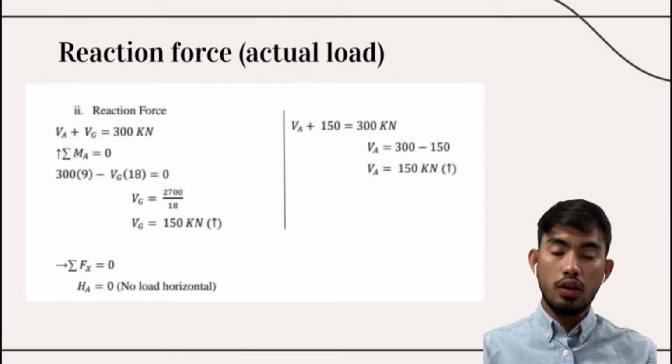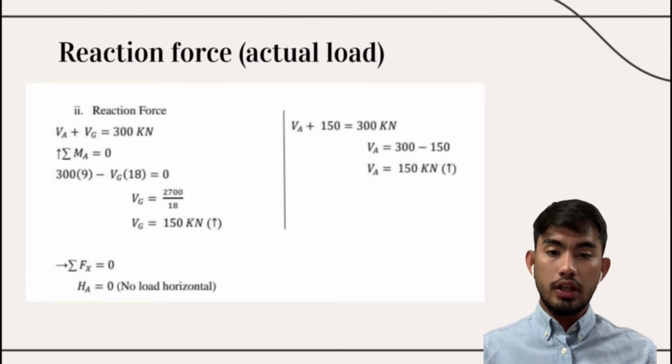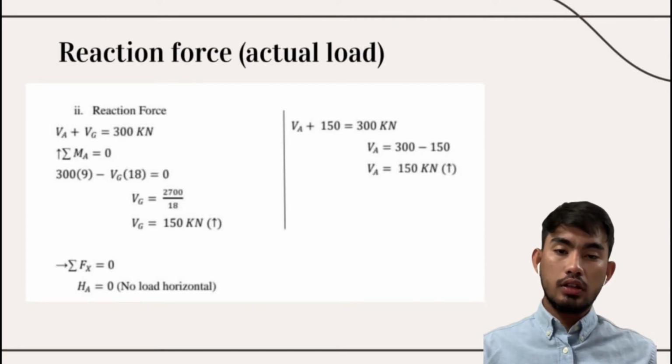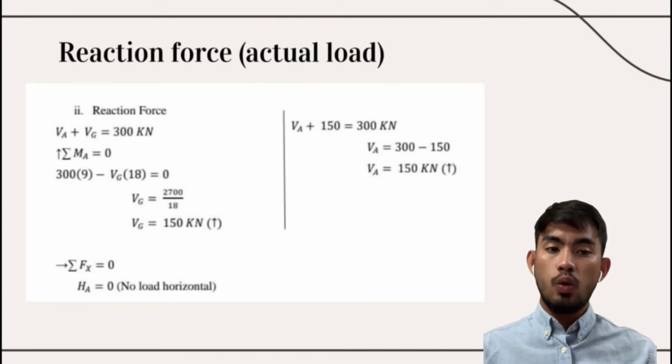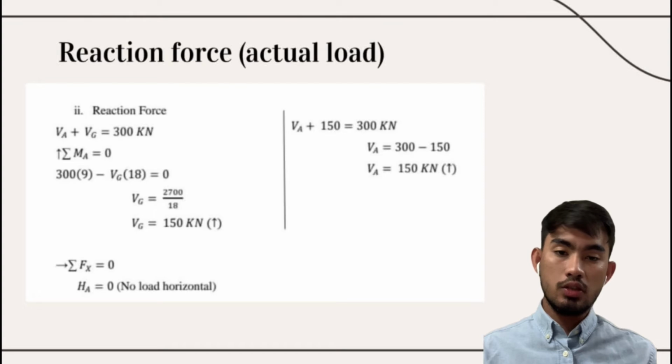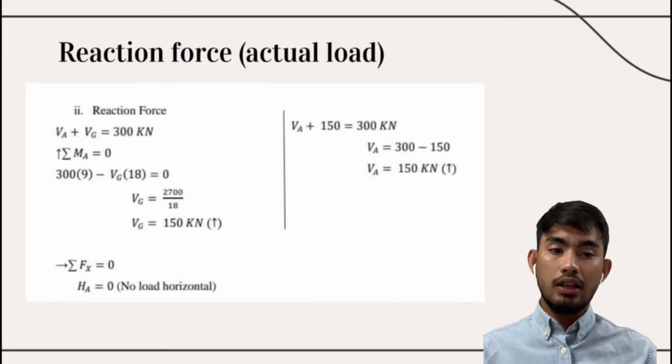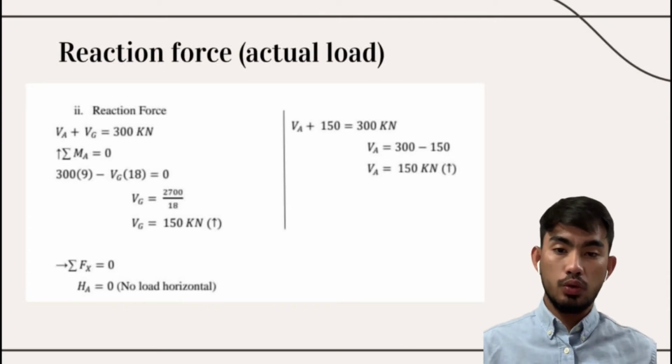The actual load for our bridge is 300 kilonewtons. After doing the calculation, we found that VG is 150 kilonewtons, and VA is also 150 kilonewtons. For the horizontal load, we don't have a reaction because we don't assume any horizontal load. That means there is no reaction force for the horizontal load.